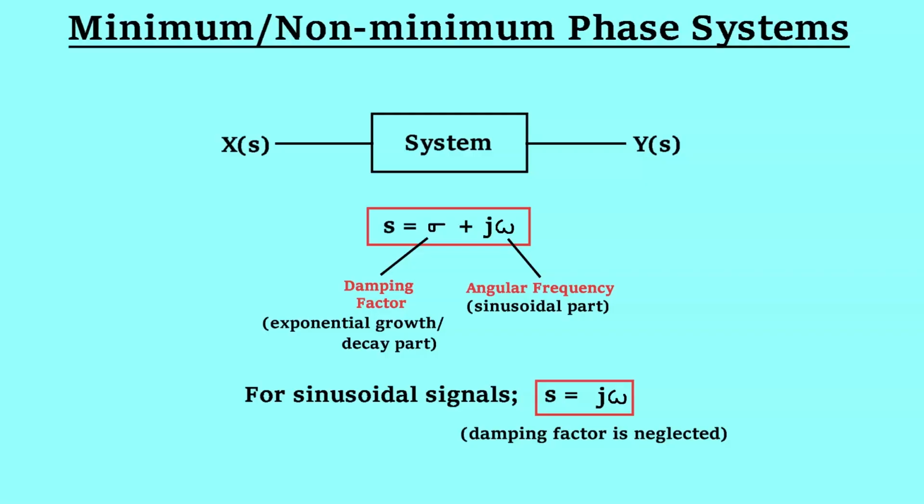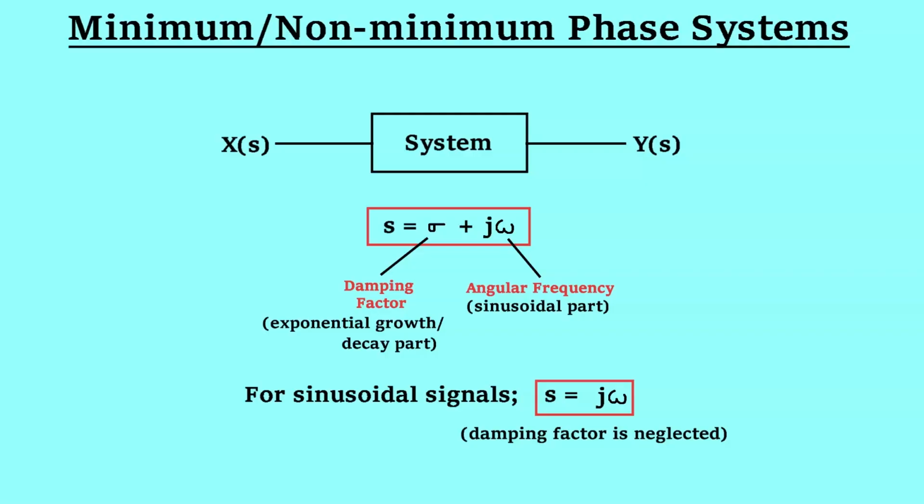There is one more way to remember this point. We use s is equal to j omega for sinusoidal input because sinusoids correspond to purely imaginary poles in the Laplace domain. There is no exponential growth or decay. Therefore, we have to evaluate the transfer function by putting s is equal to j omega, which gives us the steady state response to sinusoidal inputs.